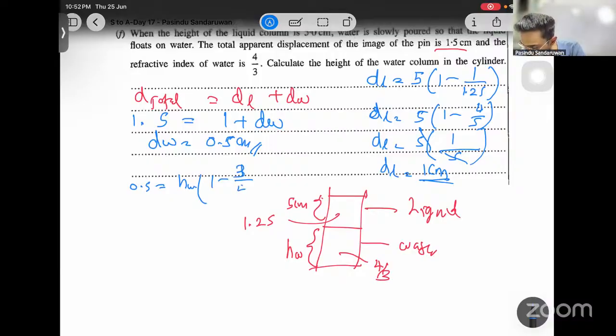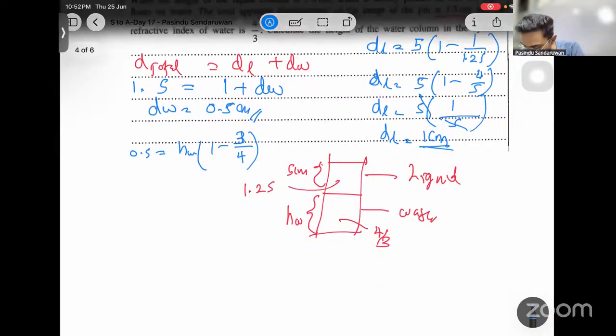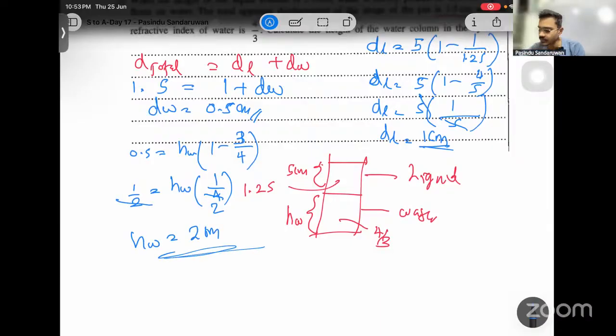That is 3 over 4. 1 minus 3 over 4, then 4 minus 3 is 1, so this is 1 over 4. 0.5 is half. Then cross multiply: 2 times 1, H equals 2 centimeters. Then the height of water must be 2 centimeters.